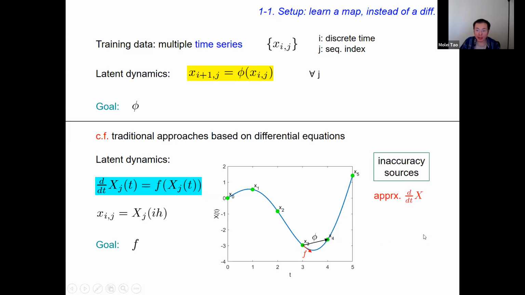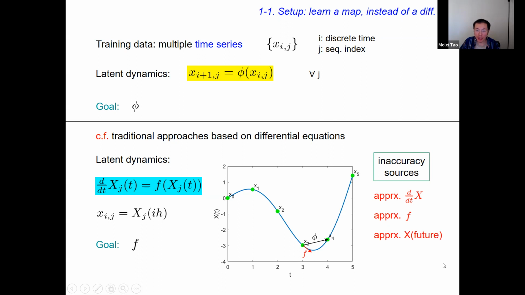And if you think about it, there are several sources of inaccuracy if you use differential equations. Number one, you're only given discrete in time data, so you have to approximate the time derivative. And then you have to find F that matches the time derivative. So you have function approximation error.